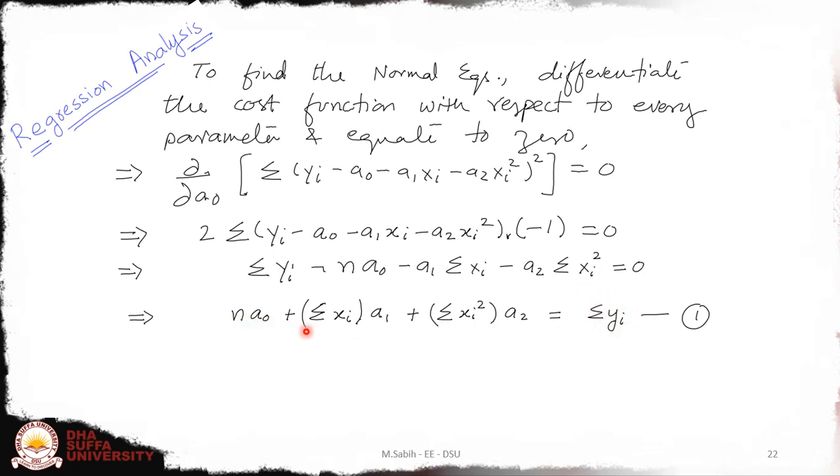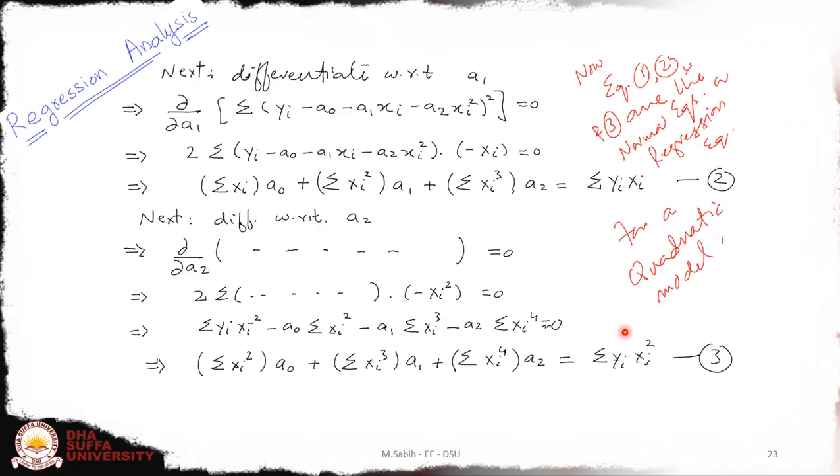So n a naught plus summation xi a1 plus summation xi square a2 equals summation yi. Differentiate with respect to a1, we arrive at this equation: a naught times this, a1 times this, a2 times this, and on the other side we have summation xi yi. Differentiate with respect to a2, the same cost function, we arrive at this third equation.